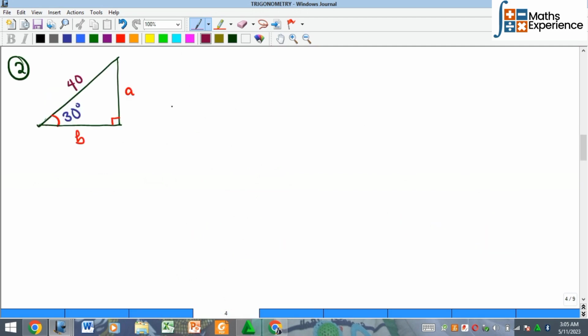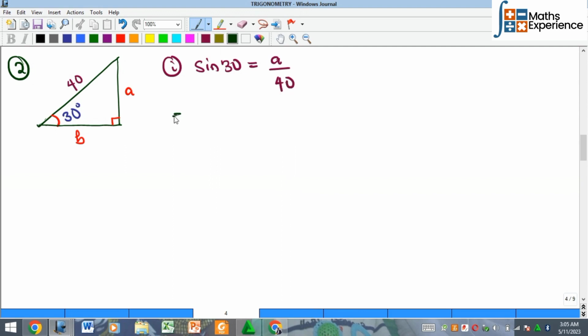And so look at this example 2 here. Here we are asked to find a and b. So they are the missing sides here. So quickly, you can see that your a is the opposite and you're given the hypotenuse, which is 40. So if I use, that means sine. So it means that sine of 30 given in the diagram is going to be equal to the opposite, which is a, all over the hypotenuse, which is 40.